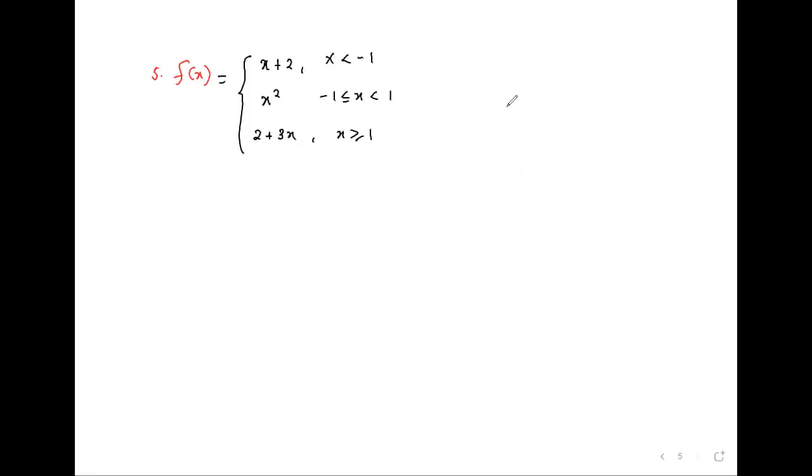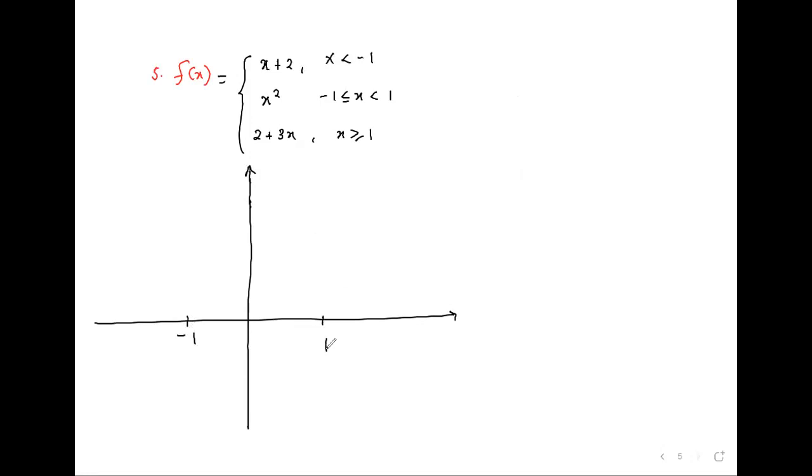So if they ask you to sketch a piecewise function, today our target is how to sketch. This is how you sketch it. We have minus 1, and we also put a 1 here.